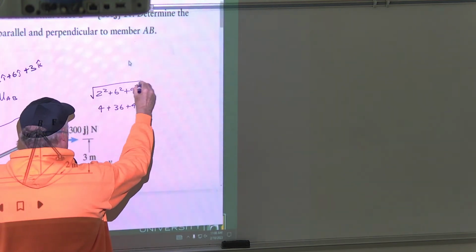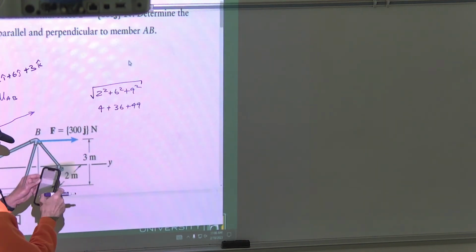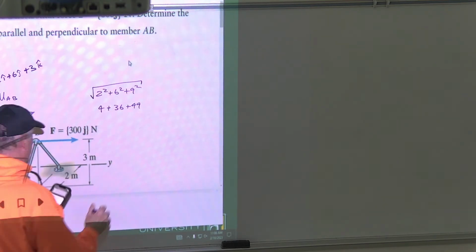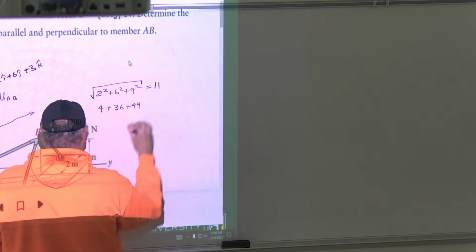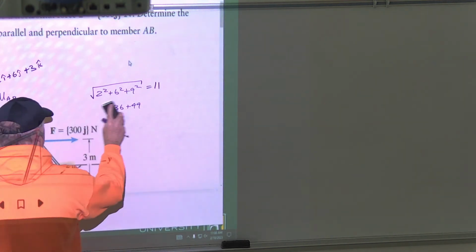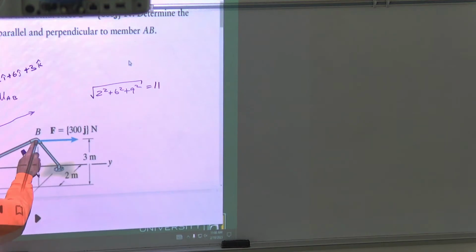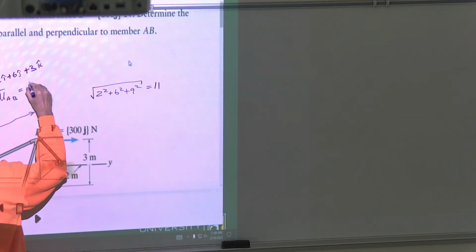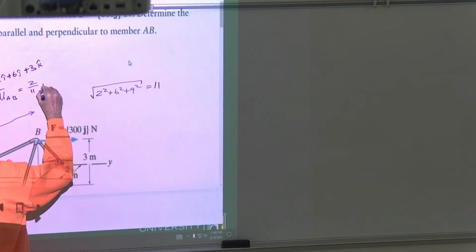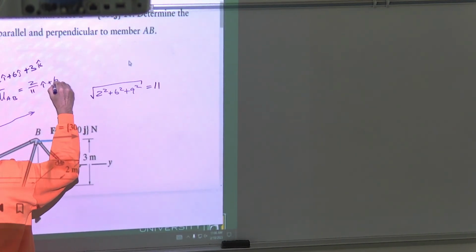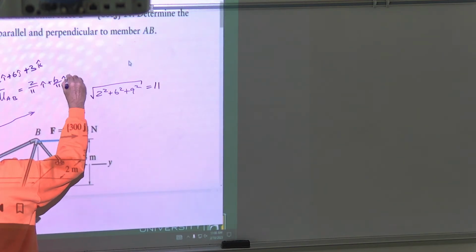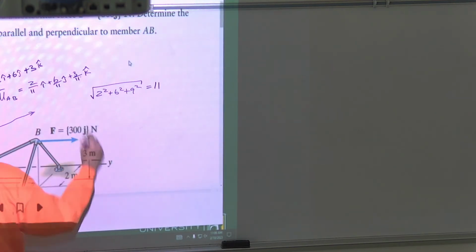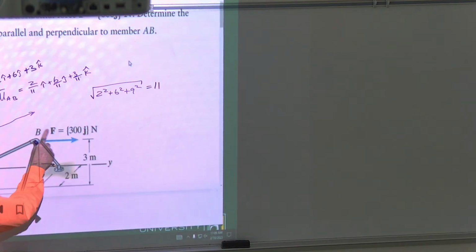It does. Okay, it's 11. So in fact, the length of that member from here to here is 11. And so the unit vector is equal to 2 over 11 i plus 6 over 11 j plus 3 over 11 k.